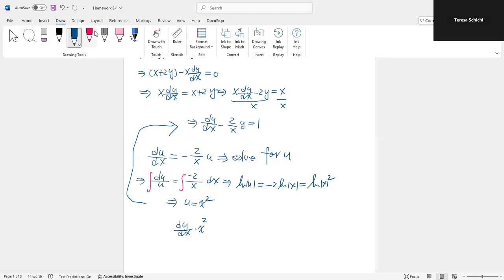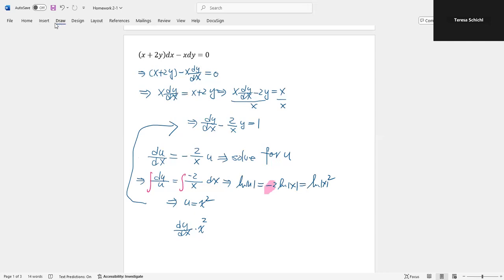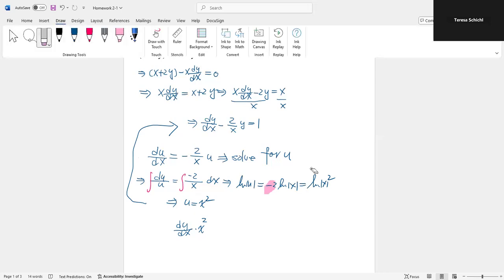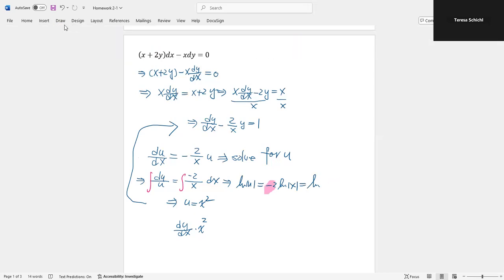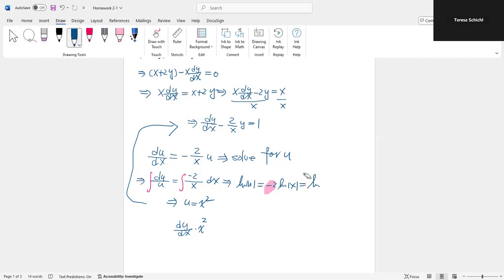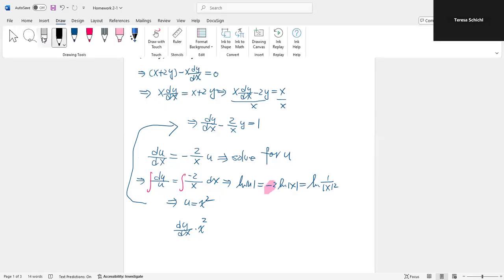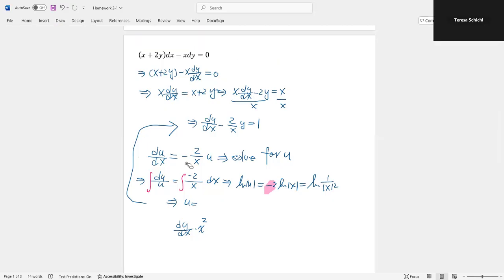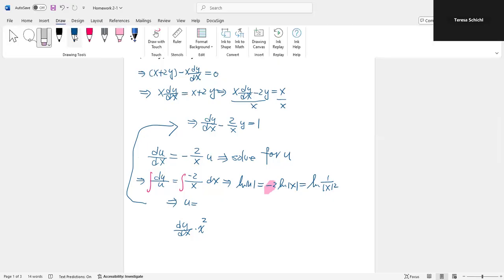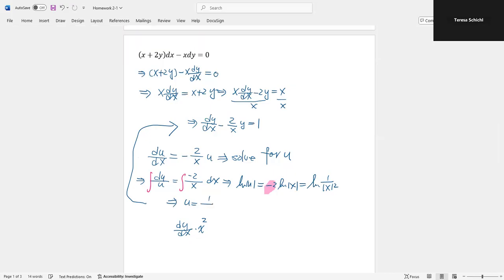I need to be careful here, the exponent is negative 2, so u is equal to 1 over x squared.